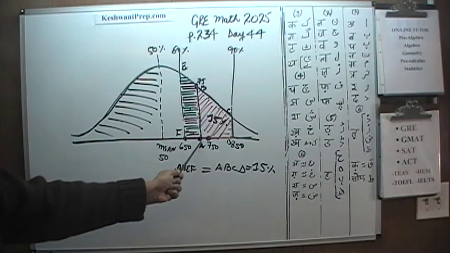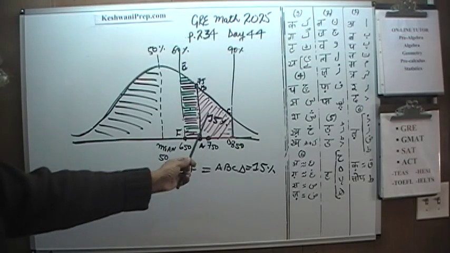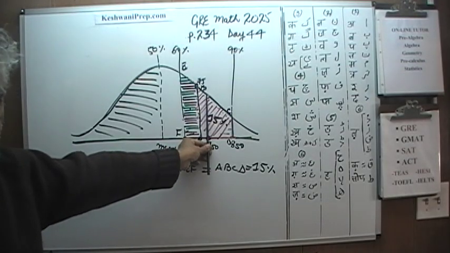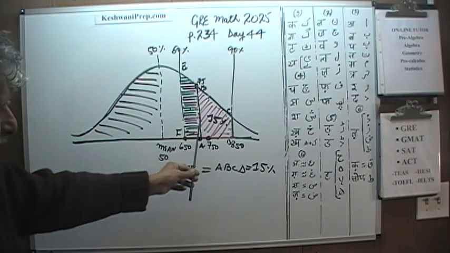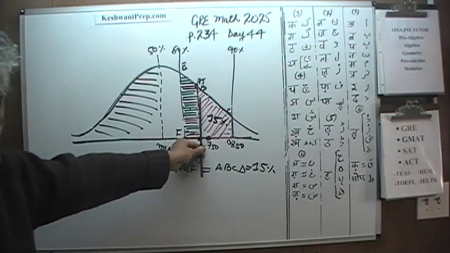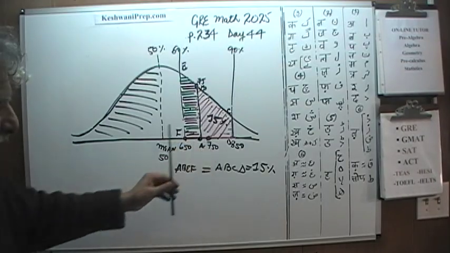Wherever it is, it doesn't matter, we cannot stay here because that's not half and half. We have to move a little bit to the left. In other words, the value at the 75th percentile is less than 750.